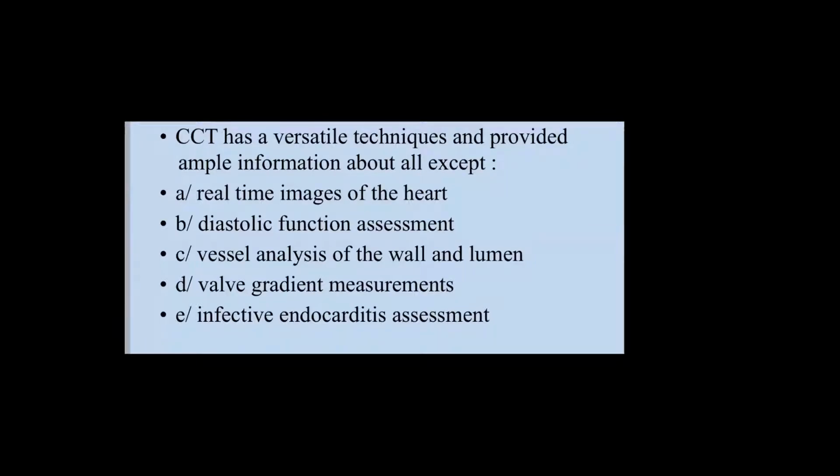You can check the valve area, mitral stenosis, aortic stenosis, prosthesis obstruction. You can see it because CT provides some morphological data, but the gradient as obtained in echo, you cannot get it in cardiac CT. So valve gradient measurement is out.